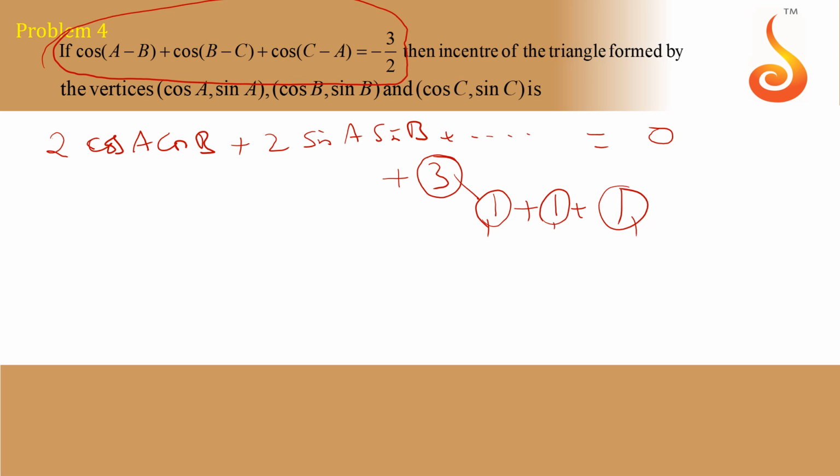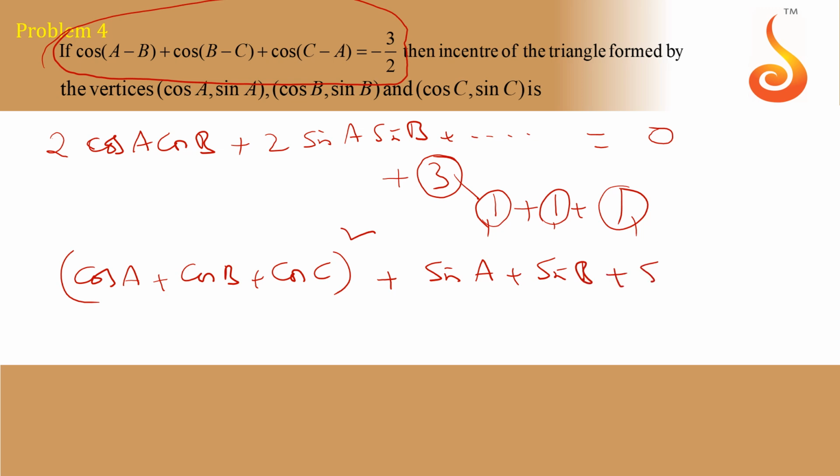So that if you observe the left side, it is very clearly cos a plus cos b plus cos c whole square plus sin a plus sin b plus sin c whole square is equal to 0, because cos square a plus sin square a is 1, cos square b plus sin square b is 1, cos square c plus sin square c is 1.